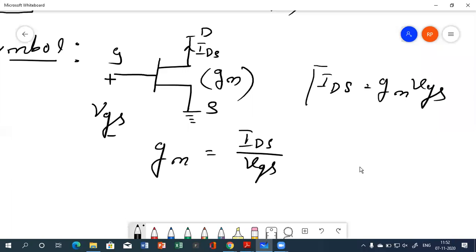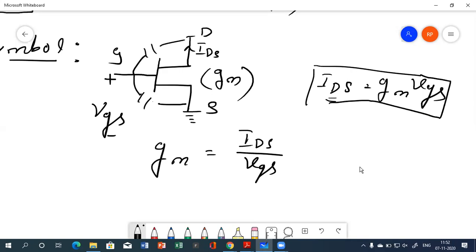So this is the current source, GM into VGS, drawn between drain and source, because between drain and source this current flows. That's why it is called IDS. Whereas between the gate and source, we have the voltage called VGS. There are three internal capacitors, one between gate and source, one between gate and drain, and one between drain and source.